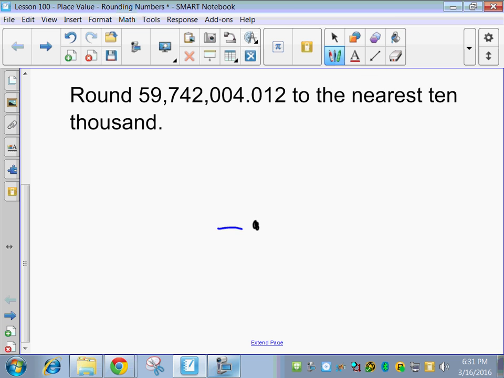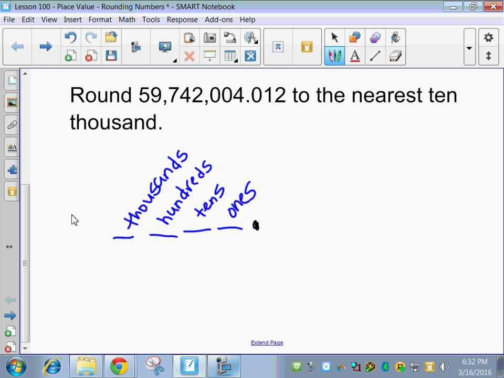So this first spot here is called the ones. And then we've got the tens. And there's no TH on this side. And then we've got the hundreds. And then we've got the thousands. Okay, and we might want to put our commas in here.